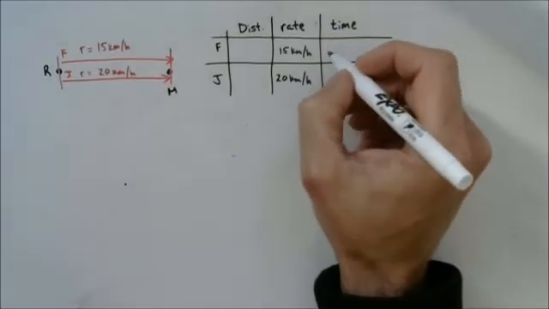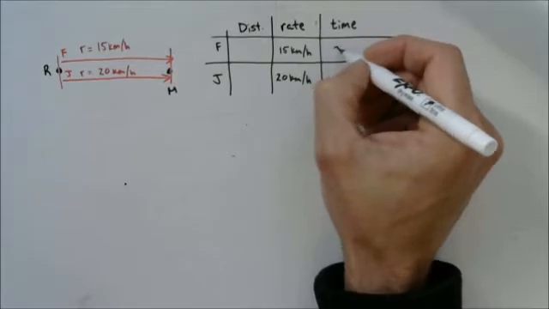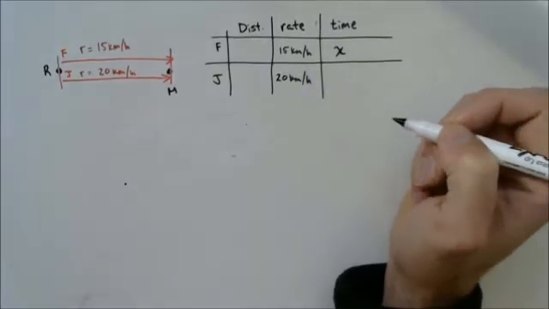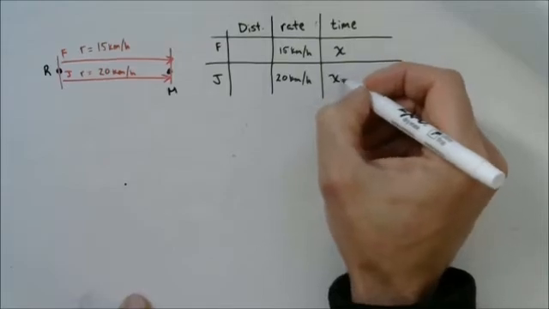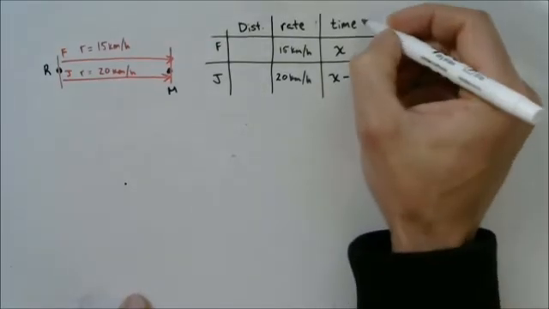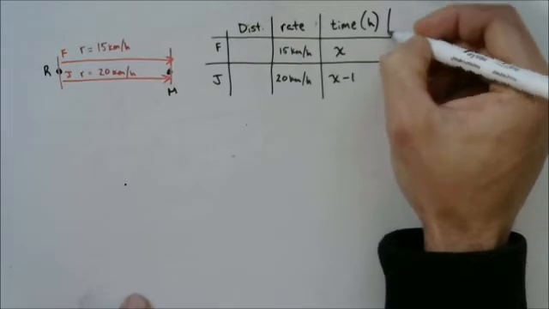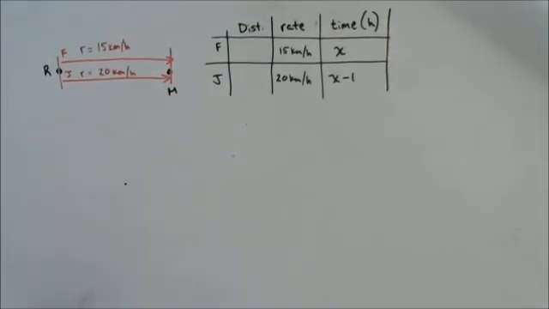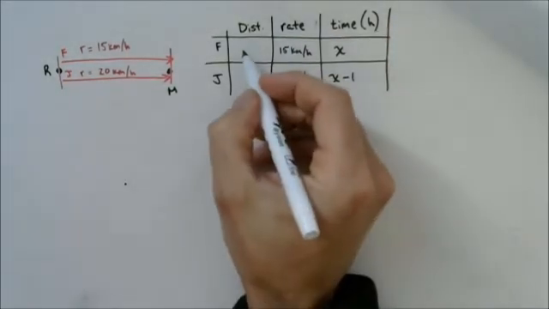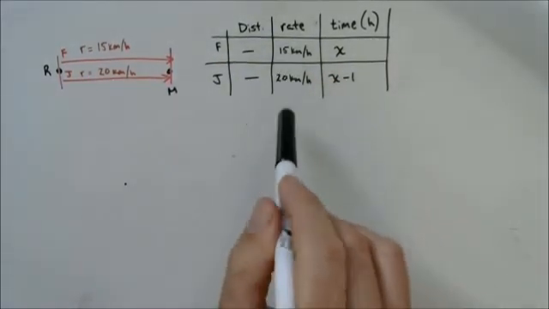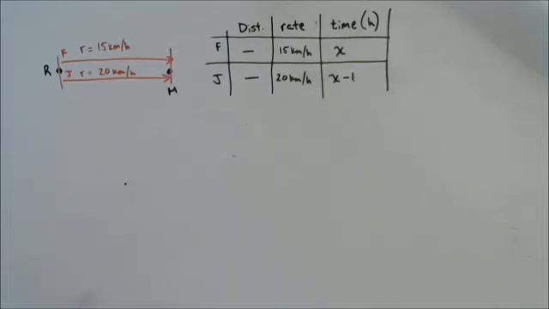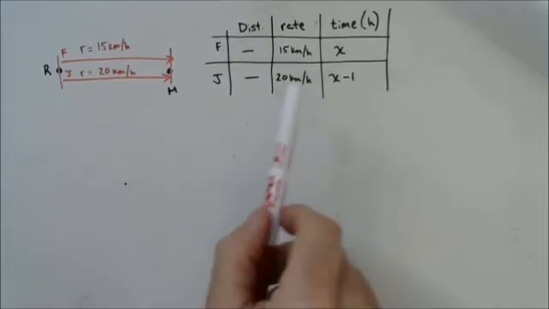Let's let the time that Frank traveled be represented by x, in which case the time that Jesse travels is x minus 1 if we're measuring time in hours. Okay? So we don't know the distance that each is traveling, but we do know that they're equal to each other. We do know the rate of each, and we do know the time in terms of x.